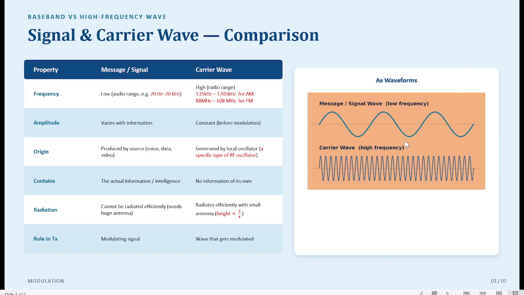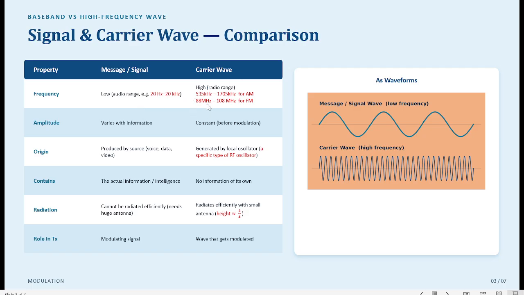Now here I have made a comparison between the signal and the carrier wave. It is very clear from this message signal wave that it is a signal of very low frequency as compared to the carrier, which is a signal of very high frequency. In terms of parameters, the frequency of the message signal is normally around 20 hertz to 20 kilohertz, which is quite low compared to the carrier wave frequencies.